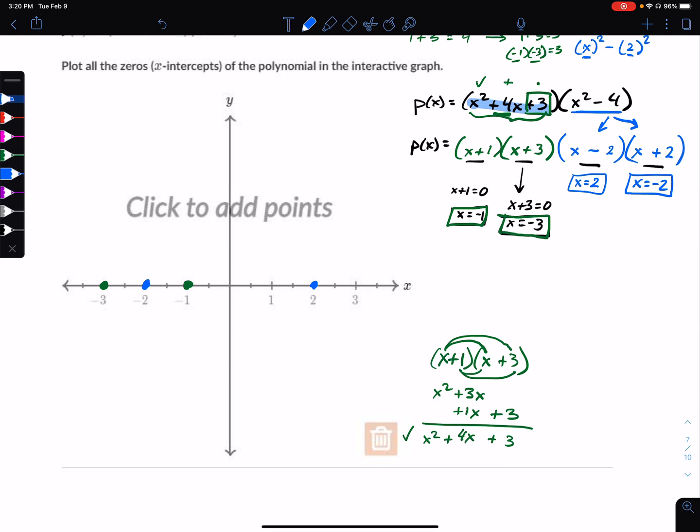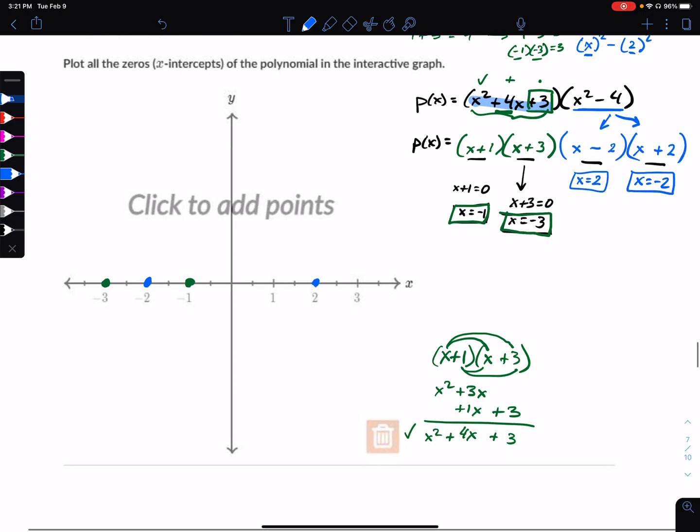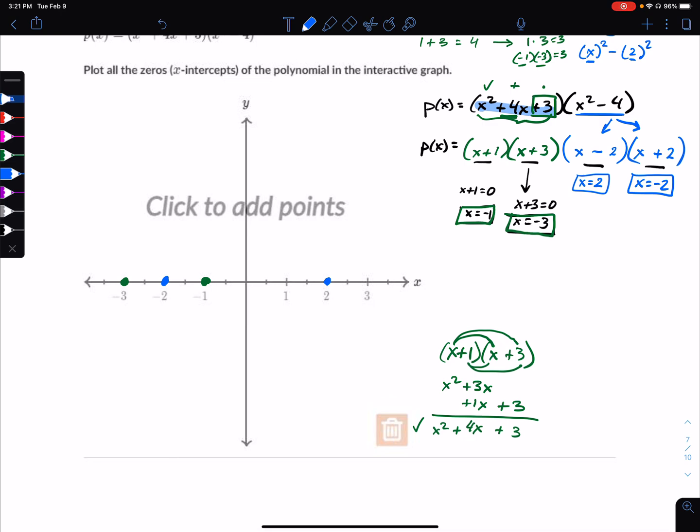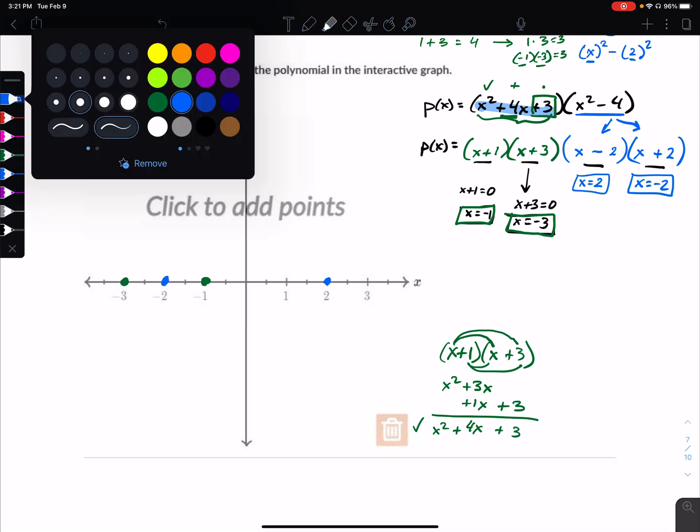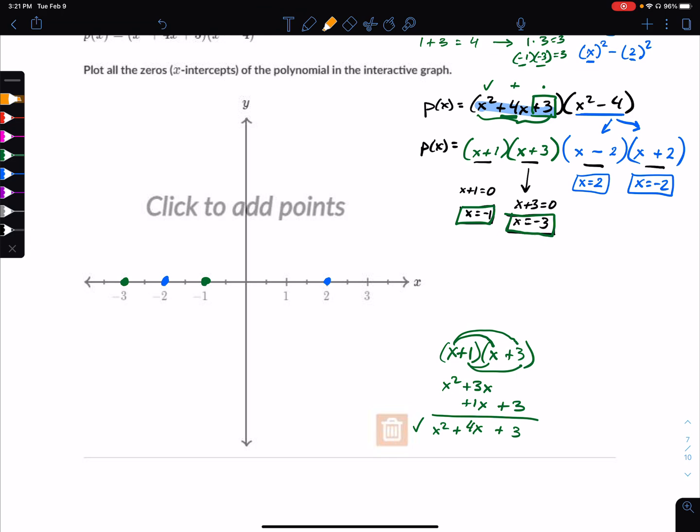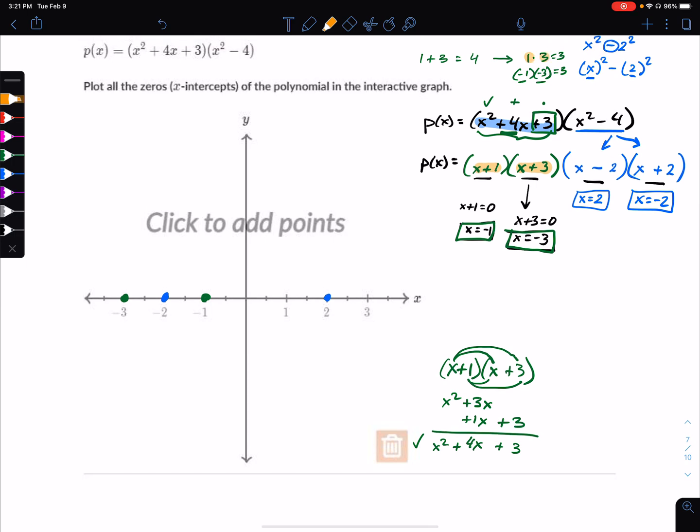Okay, now the graph is not going to put a curve on the plane there. This interactive graph is just getting you to place the dots where they go because of your work with the factors. I think it's interesting, and you got to be careful, that we did a lot of work back here to figure out what the factored form was, which involved us looking at the +1 times the +3 to get the factorization.